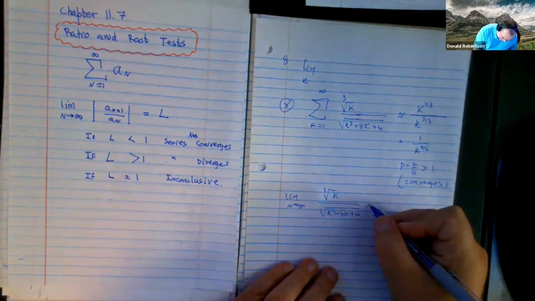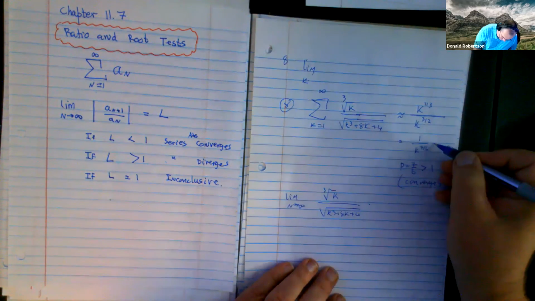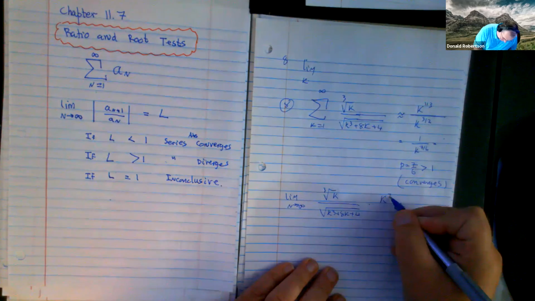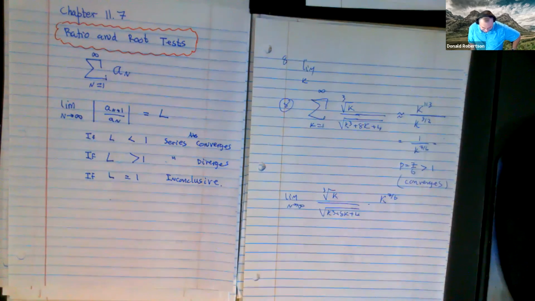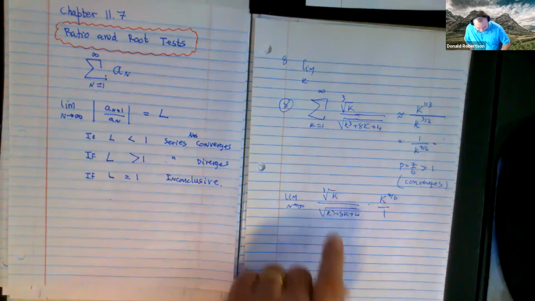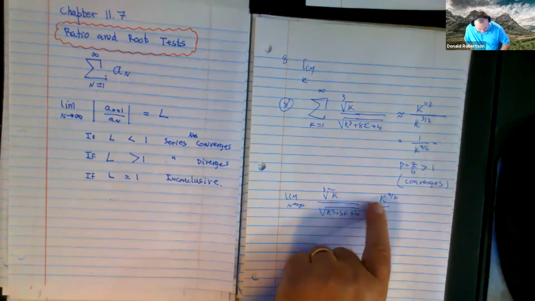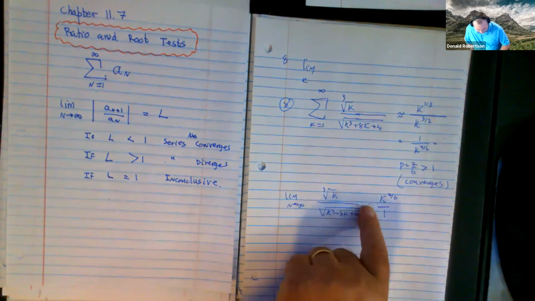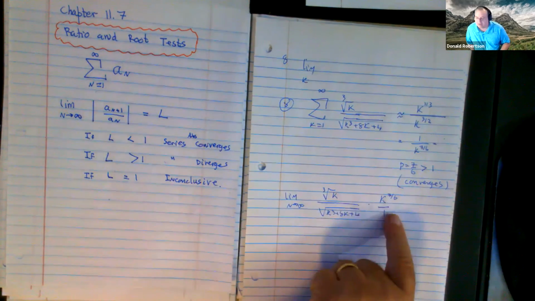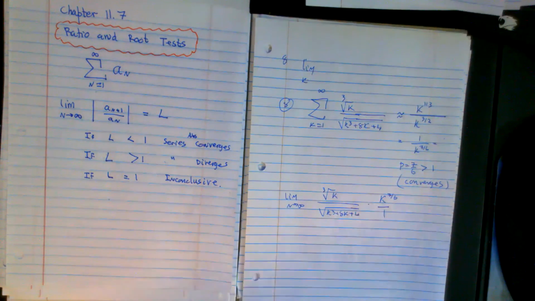If I do bn, can I just take this guy and turn him upside down? So an divided by bn is an multiplied by the reciprocal of bn. So if you turn it upside down, are you okay with that, or do you want to see the line where that came from? I'm okay with that.